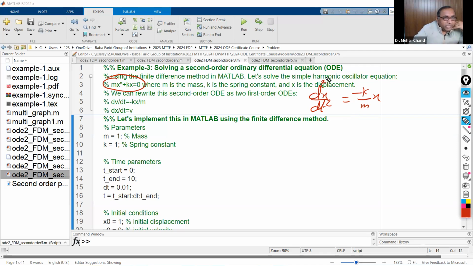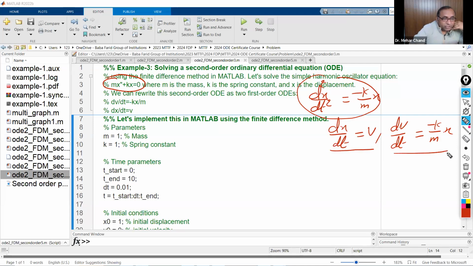We can write this equation in another form. If we have dx upon dt is equal to v, then dv upon dt will be equal to minus k upon m into x. So now we have these two equations.